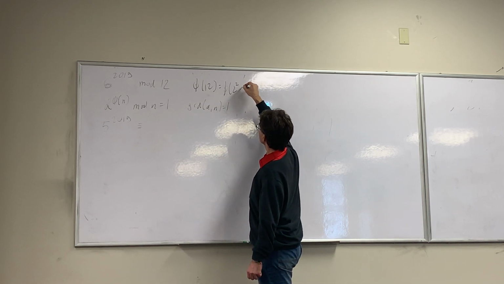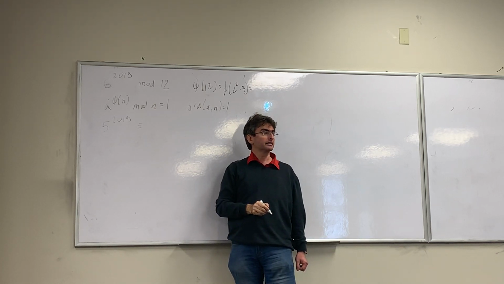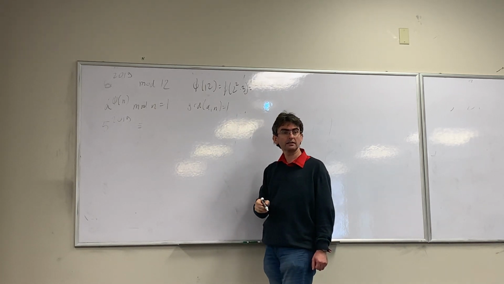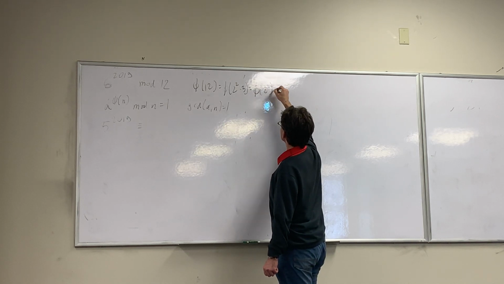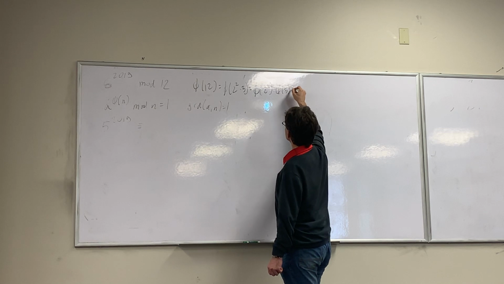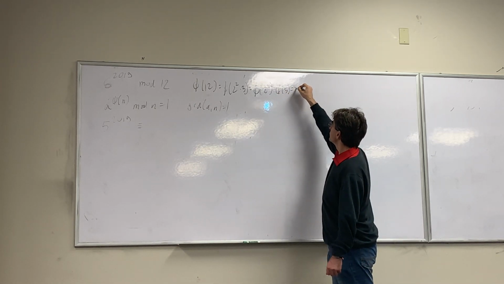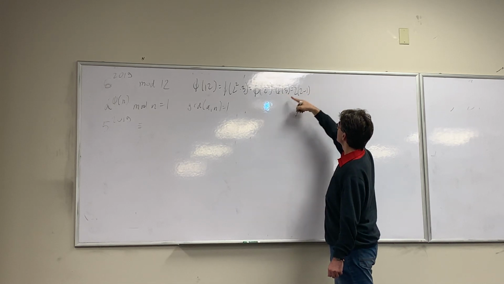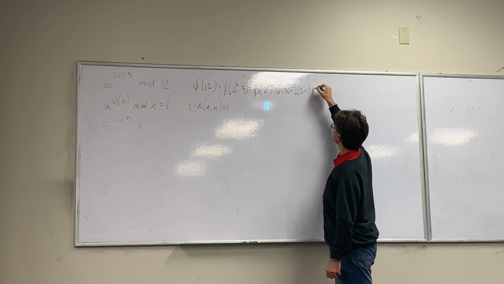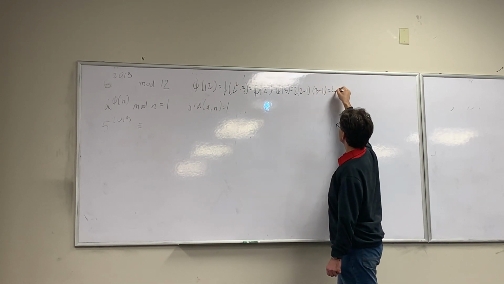It's 2 squared times 3. We apply the previous result. So it's Euler totient of 2 squared times Euler totient of 3, which is 2 times 2 minus 1, and here we get 3 to the power 0 times 3 minus 1. Altogether, this makes 4.